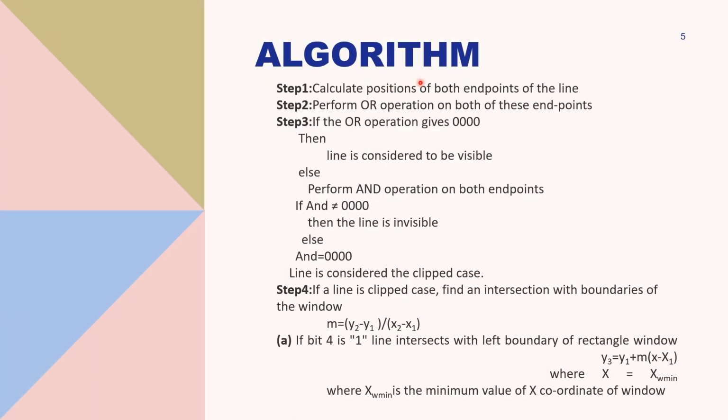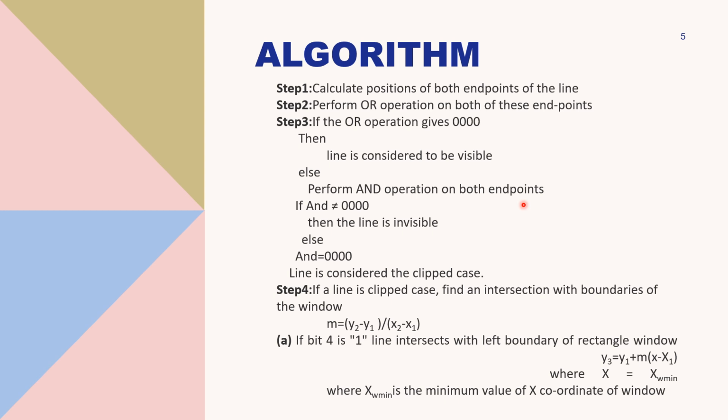So now let us look at the algorithm. In step 1, we calculate the position of both the endpoints of the line. Then we perform an OR operation on both the endpoints. If the OR operation gives us 0000, which is the value of the window, then we can say that the line is visible to us. Else, perform an AND operation on both the endpoints.